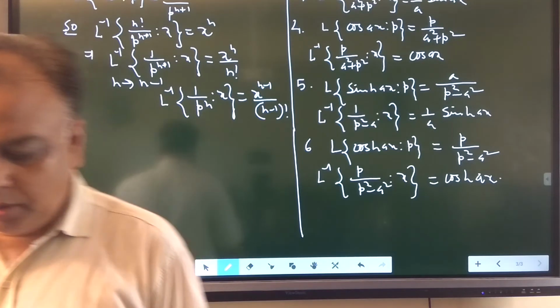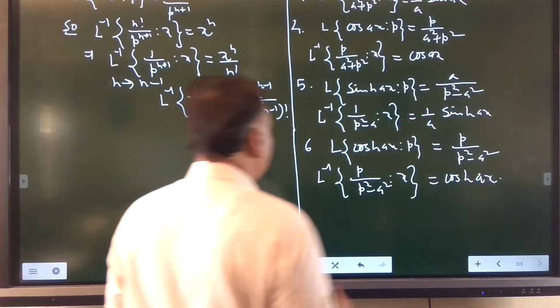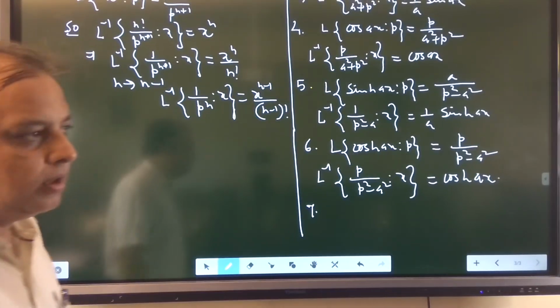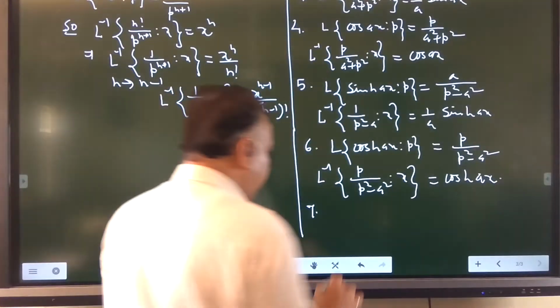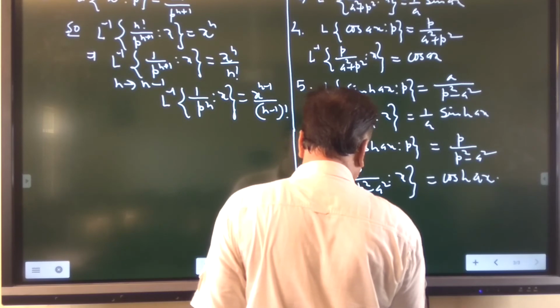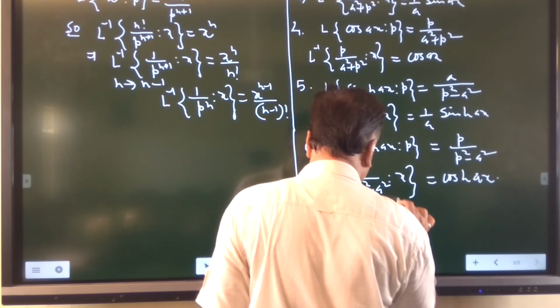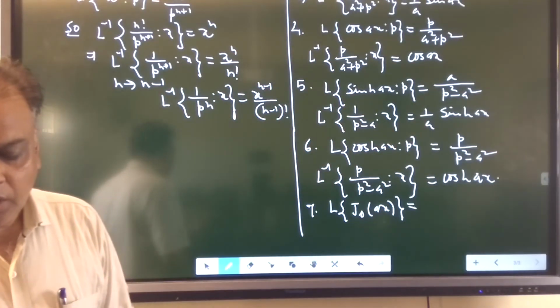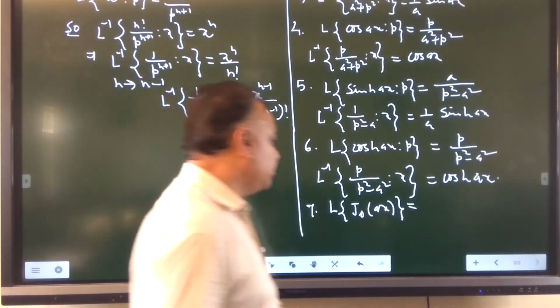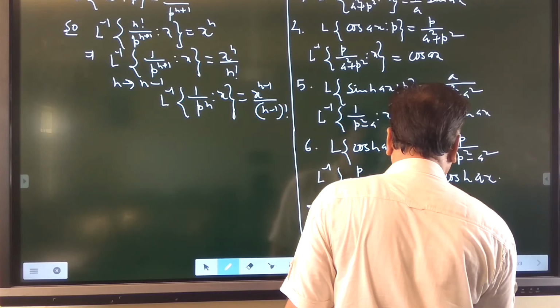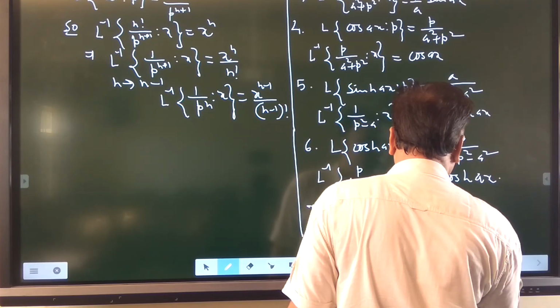Another important result of the inverse Laplace transformation is the Bessel function of order 0. We know that the Laplace transformation of J0(ax) is equal to 1 upon under root p square plus a square.